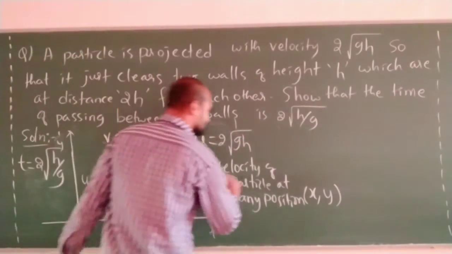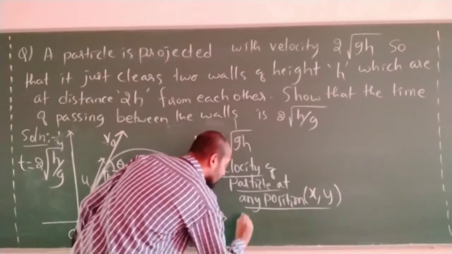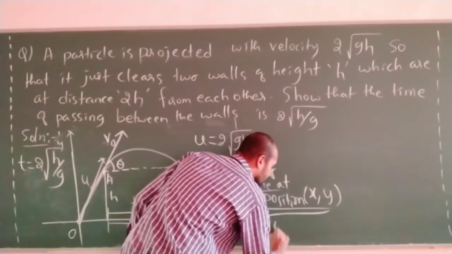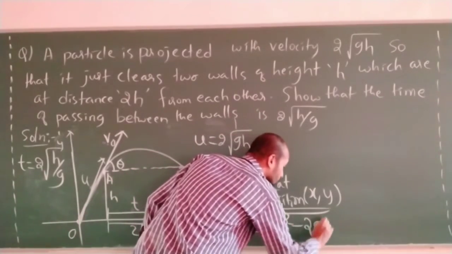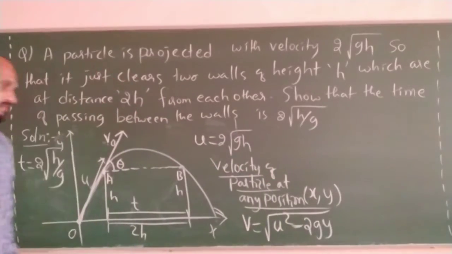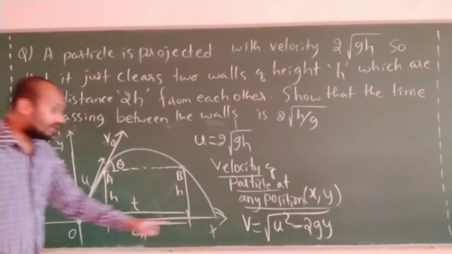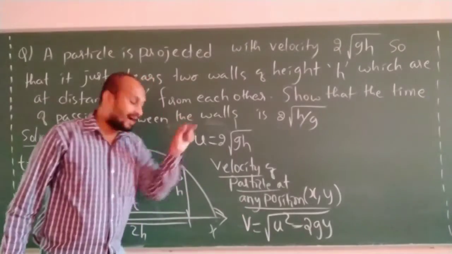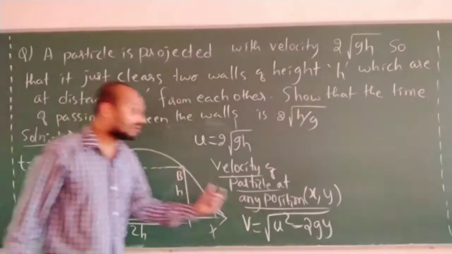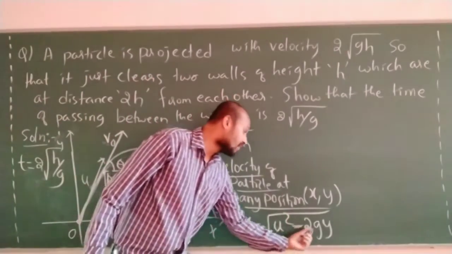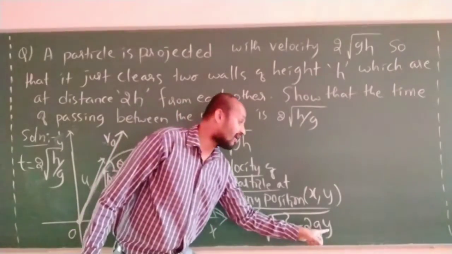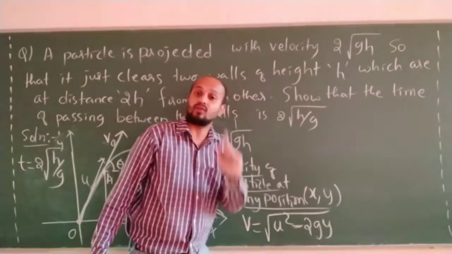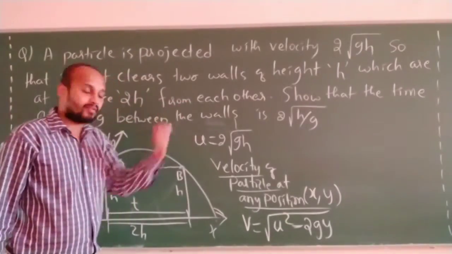What is the formula I have derived previously? V is equal to root of u square minus 2gy. Do you remember? Where V is the final velocity of the particle at any point having position x comma y. So I said that velocity is not depending on the x coordinate, it is depending only on the y coordinate. You can check the previous derivation.